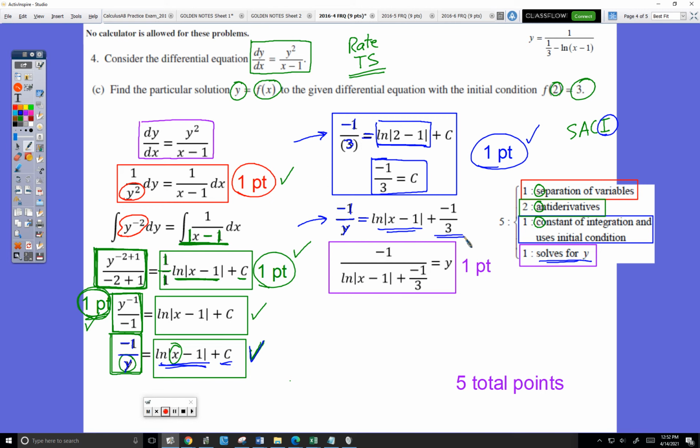To get the y by itself, I'm basically going to multiply both sides by y and then divide both sides by this massive factor. And that switches the 2 things around. It gets me the y by itself. I don't have to go any further. That's sufficient to pick up the last 5th and final point. It's a total of 5 points.